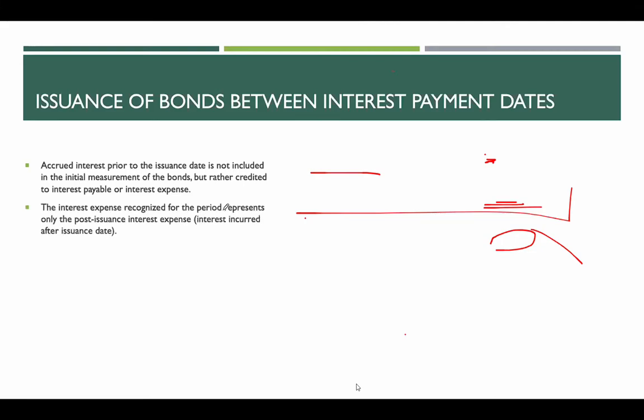the interest expense that will be recognized should be the interest expense only from the date of issuance up to the date of maturity. Okay? So, the only interest expense that should be recognized in relation to the issuance of the bonds will be the interest expense from the issuance date up to the maturity date of the bond.